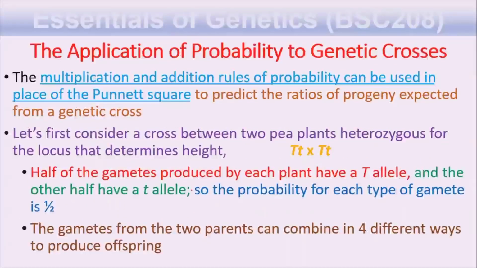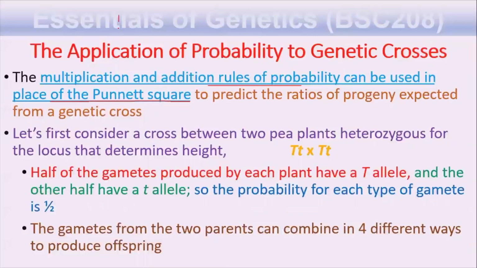So now coming towards the application of probability and how these rules are applied to the genetic crosses. The multiplication and addition rules of probability can be used in place of the Punnett square. Punnett square is a very easy method.